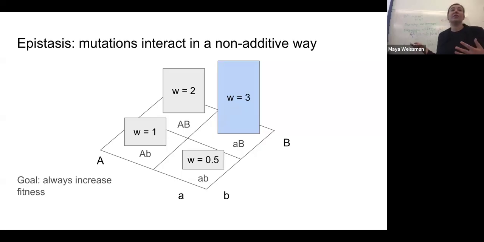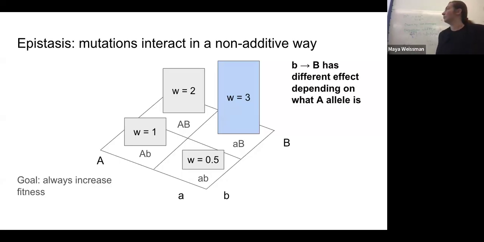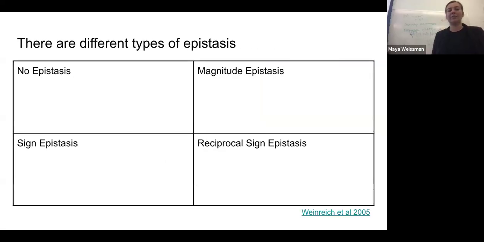The relative increase in fitness is significantly greater if you have the little a allele compared to the big A allele. And if we were to start at this wild type, little a big B or little a little b, we're probably going to end up at this fitness maxima regardless of where we started. So gaining the big B has a different effect depending on what the A allele is.